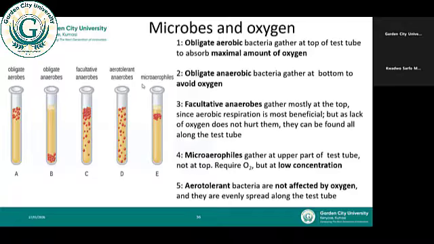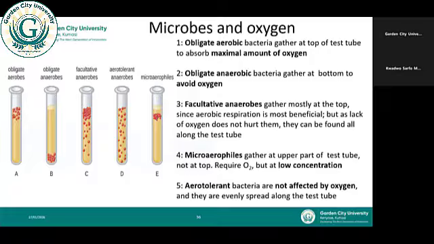Then you said the microaerophilic, right? Yes, please. Microaerophilic, they need oxygen for respiration, just like the obligate aerobes. So for the microaerophilic, if you bring them to the bottom where oxygen is absent, they will die. But the oxygen that they need is in very small concentration.